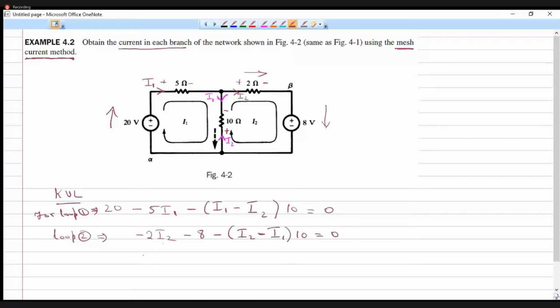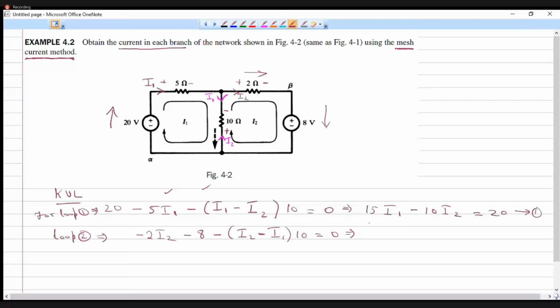So you can rearrange this and express it as two simultaneous equations in I1 and I2. Minus 10 I2 equal to 20. First equation.